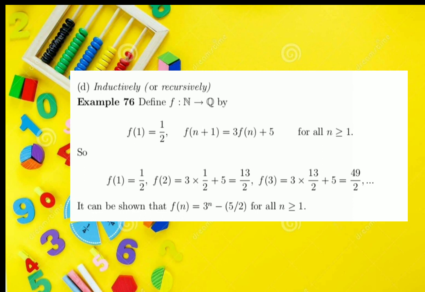So f(1) = 1/2. f(2) = 3 times 1/2 plus 5 is equal to 13/2. f(3) = 3 times 13/2 plus 5 equals 49/2, and so on, and it can be shown that f(n) is equal to (3^n − 5)/2 for all n greater than or equal to 1.